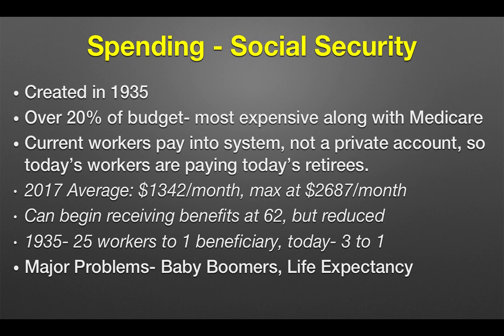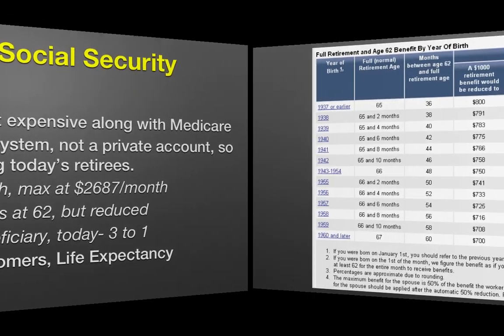It's no longer the children that take care of the older, but it's the government, which then passes it on to the children. Major problems: baby boomers, life expectancy started to grow, so we had a lot more people being born and a higher life rate. That has caused Social Security to become the monster that it is.